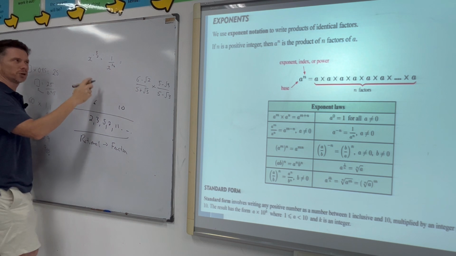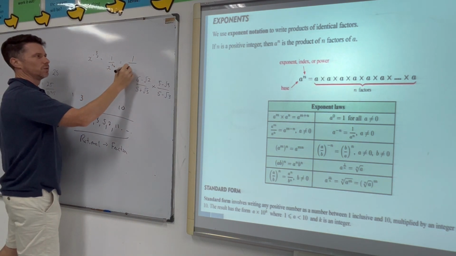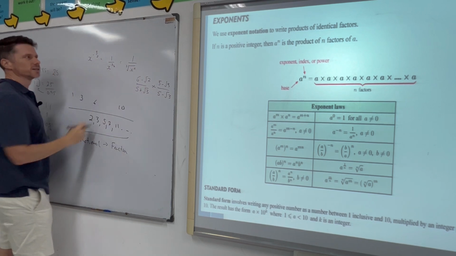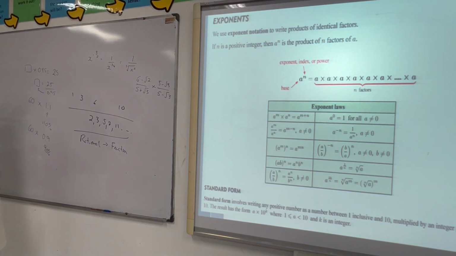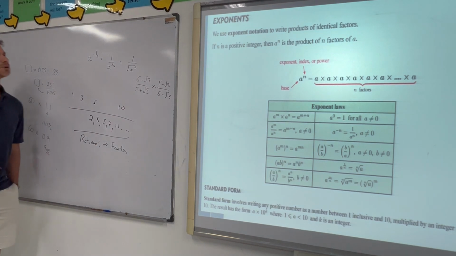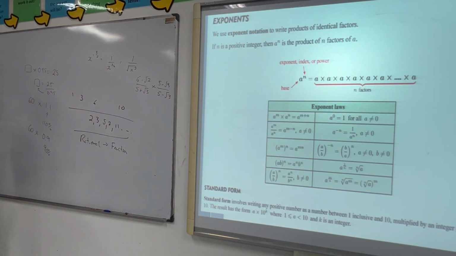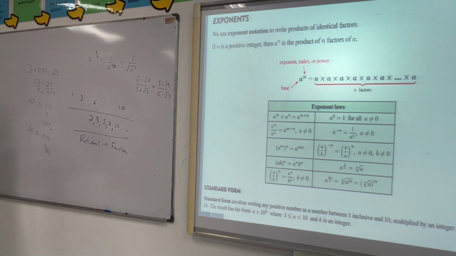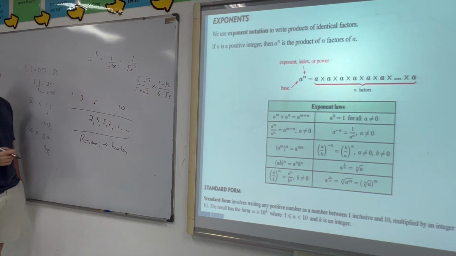And the 3 over 2 can be rewritten as the square root of x cubed. So this half is a square root, and the power 1/3 is a cube root. They can prove quite tricky sometimes.